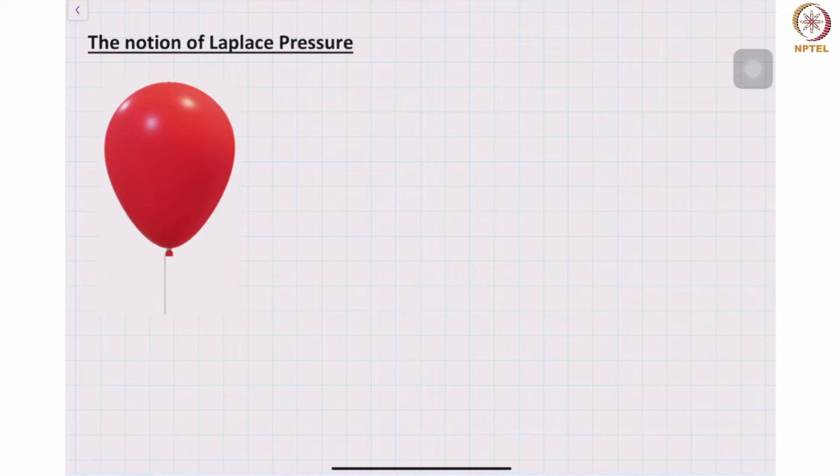So the pressure inside the balloon, you can now say P inside. If P inside is higher than P outside, only then would the membrane of the balloon be in a stretched state. So what is balancing the pressure inside? What is the force balance?